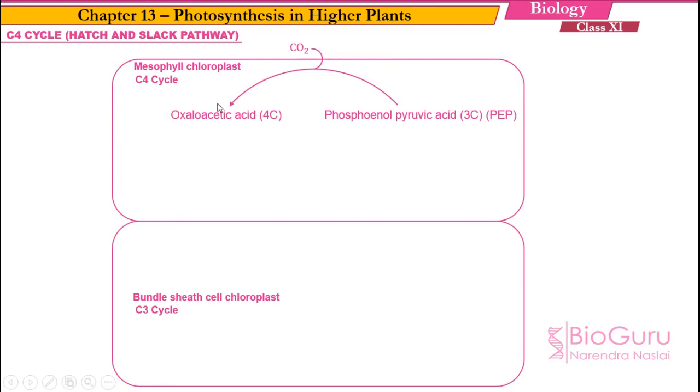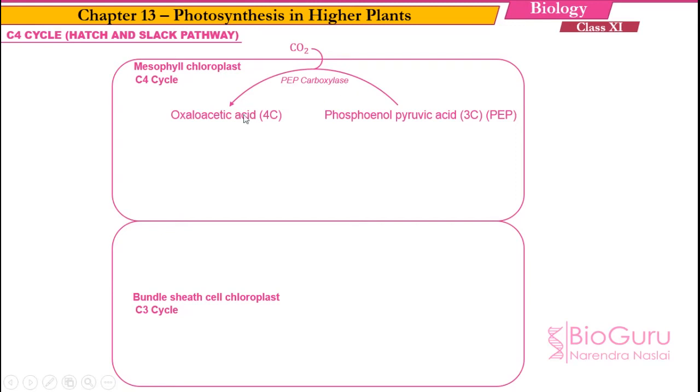Next, oxaloacetic acid is formed from the phosphoenol pyruvic acid after carboxylation. This reaction is catalyzed by an enzyme called PEP carboxylase, also known as pepcase.